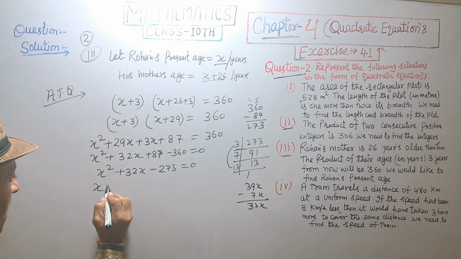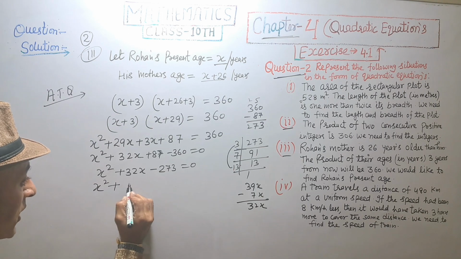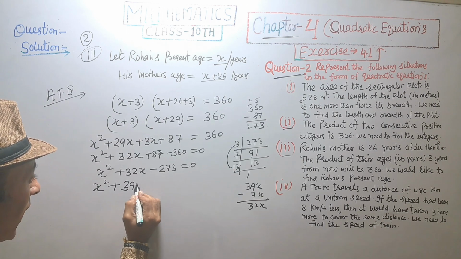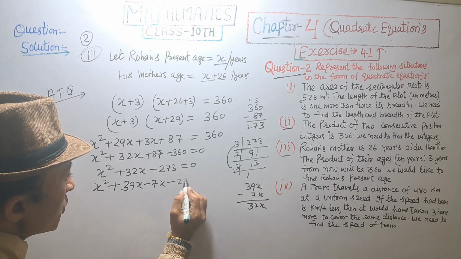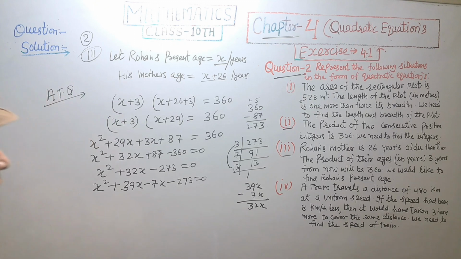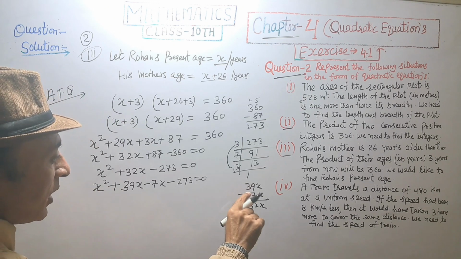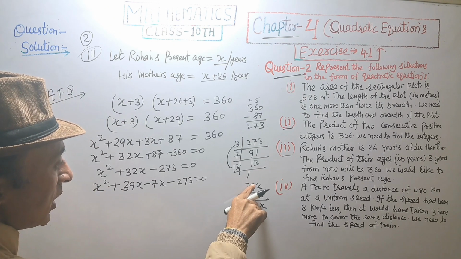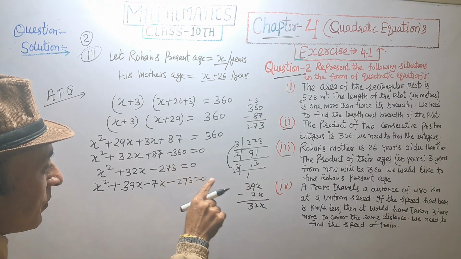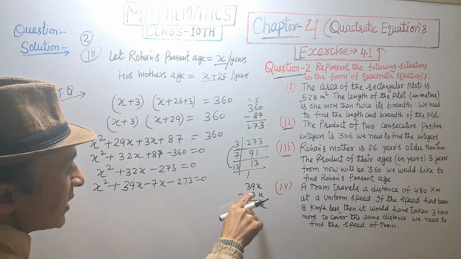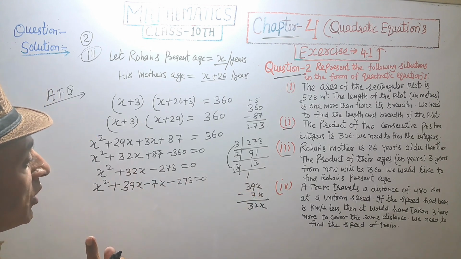We get, splitting the middle term, x squared plus 39x minus 7x minus 273 is equal to 0. Two numbers whose product is 273 are 39 and 7, and 39x minus 7x is equal to 32x.